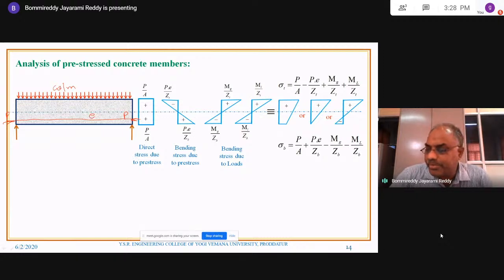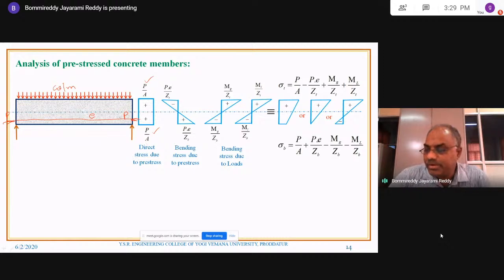The direct stress due to pre-stress is P by A at the top and P by A at the bottom, which is positive, that is totally compressive. At any part of the section from left to right, the magnitude of it will be P by A, positive.